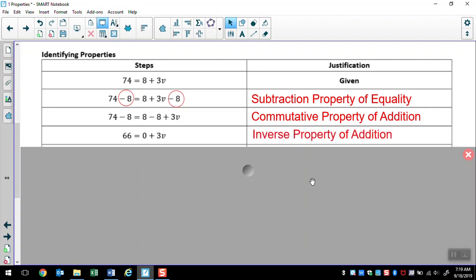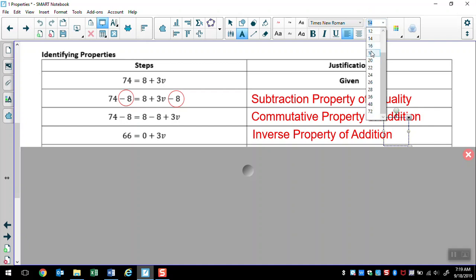Although that's not what's written here. Here they said the inverse property of addition. So we actually have two things going on. The 8 minus 8 is inverse because that equals 0. But we also have this one over here, which I'm going to add in as substitution. So we do also have substitution in here as well.